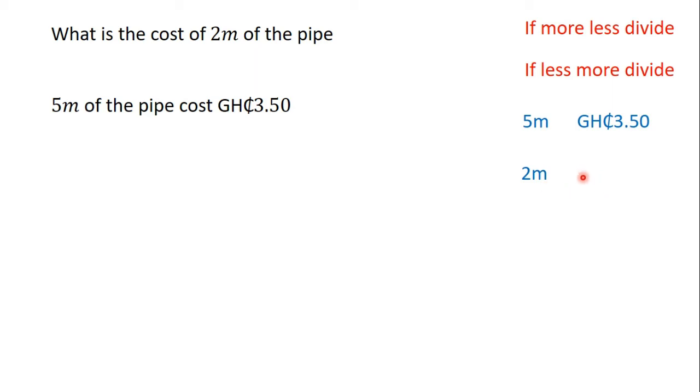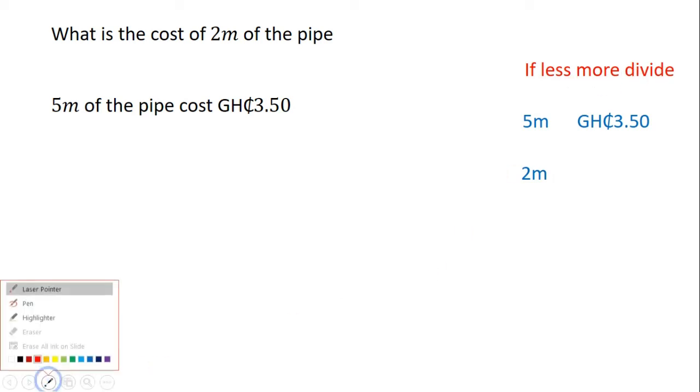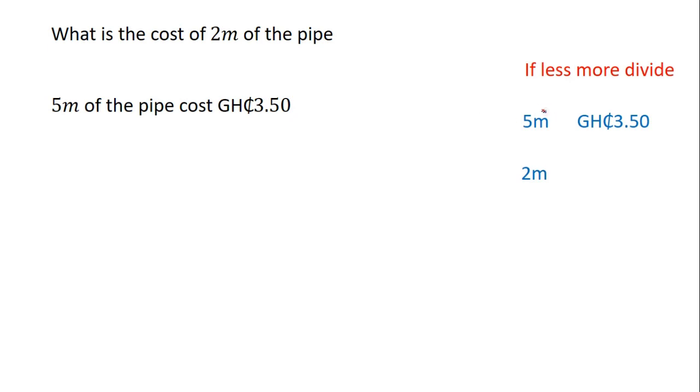If it is less, we are going to apply the second principle, which says that if less, then more will divide. So among these two lengths, 5 meters and 2 meters, more will divide.